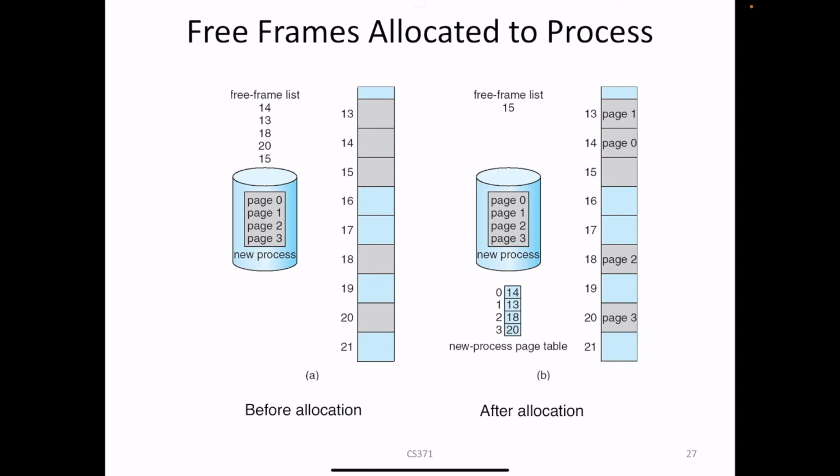Since we have 5 free frames on the list, it is large enough to hold the new process in the main memory. Then we just add the new entries to the page table to map the logical memory to physical memory. Page 0 can be mapped to frame 14, page 1 to 13, page 2 to 18, and page 3 to 20.